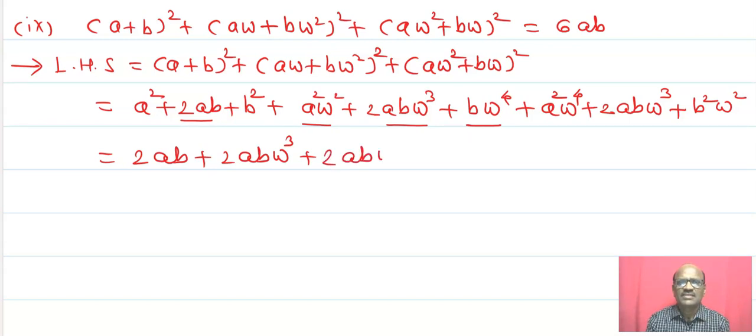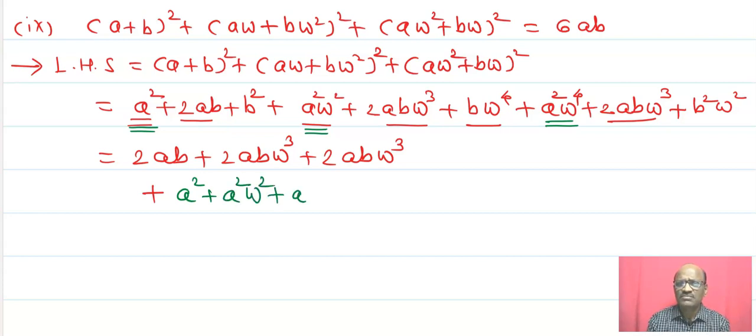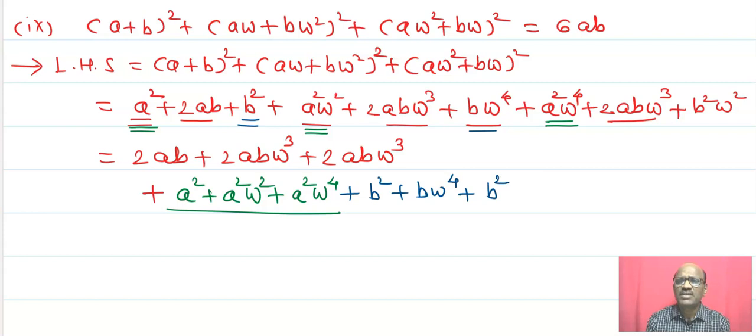Now see this, that is A 2 times AB plus 2 times AB omega cube plus 2 times AB omega cube. Now we have taken the terms of A square and A square. I had shown with the green ink, that A square omega square plus A square omega raised to 4. And for the last, B square plus B omega raised to 4 plus B square omega square.